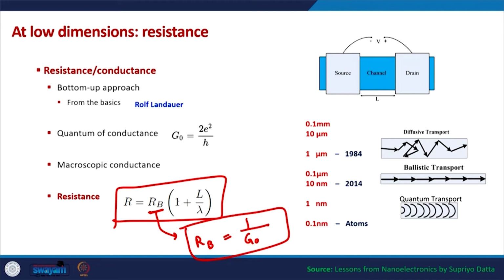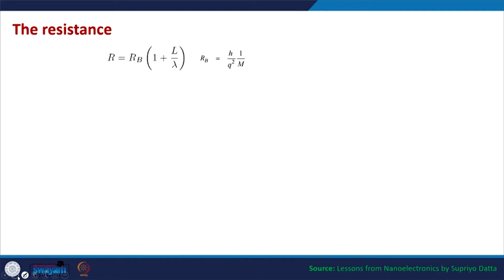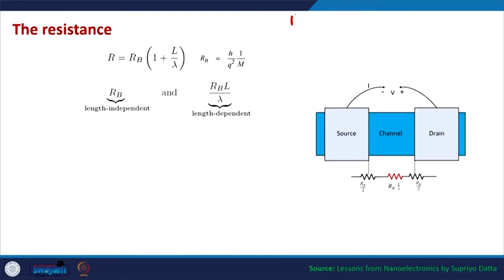So for a long conductor also we can deduce the resistance, and in general the resistance can be given by this formula. This we will see in greater detail in this course. The general resistance is R is equal to Rb times 1 plus L by lambda.